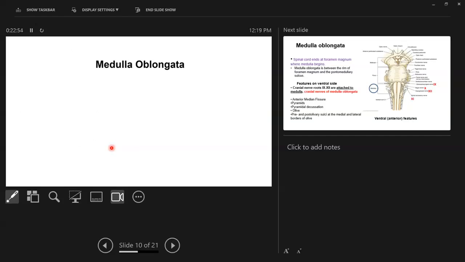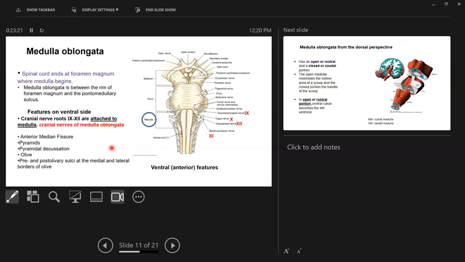At this point, having studied the general organizing features of the brainstem, we can delve into the medulla oblongata. Of course, the medulla oblongata being the lowermost part of the brainstem, coming from the perspective of the spinal cord, just leaving the edges of the foramen magnum and transitioning into the cranial cavity.